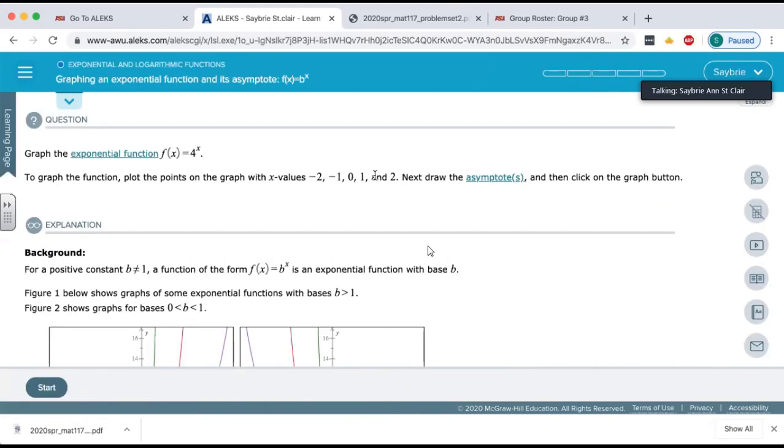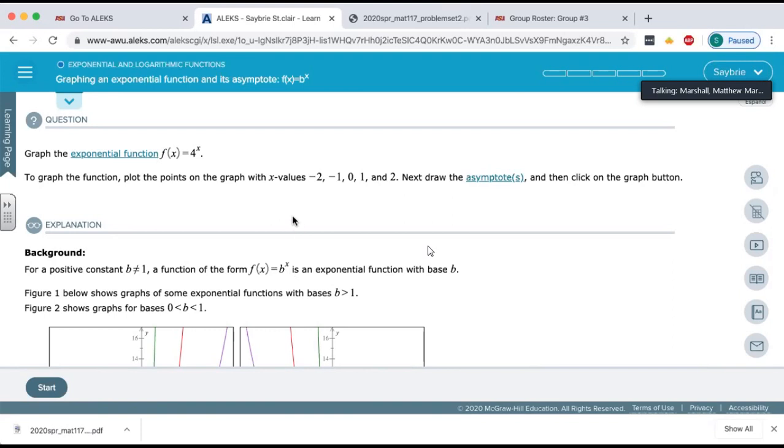All right. Ooh, asymptotes. Here we go. So plot the x values and draw the asymptotes. Wow. All right.